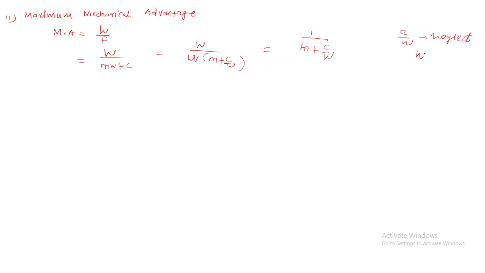When w is greater, जर लोड लिफ्टिंग खूप जास्त असेल तर आपण काय करू शकतो की that ratio we can neglect. So which is equal to 1 by slope. Maximum mechanical advantage is equal to 1 by slope of the law of machine.